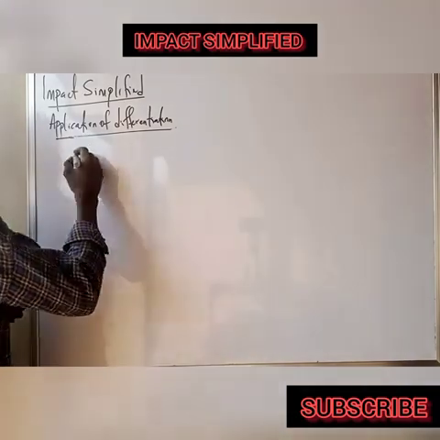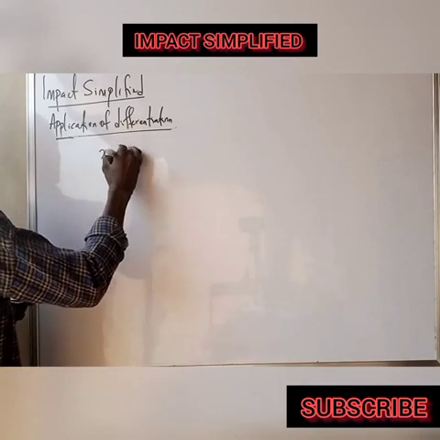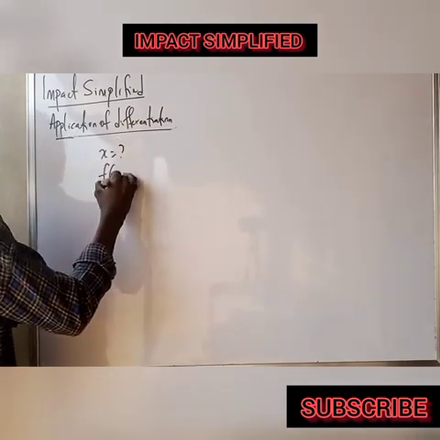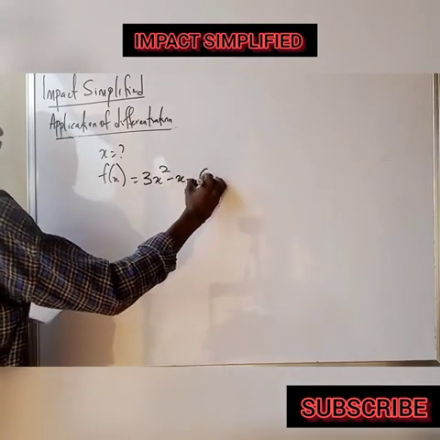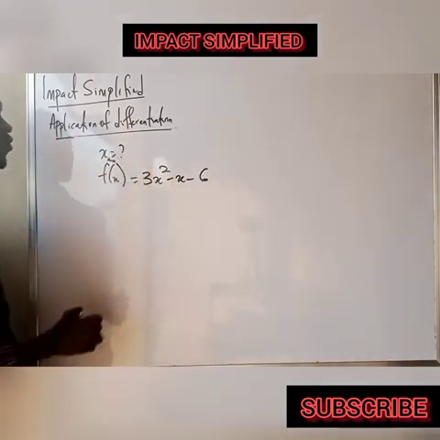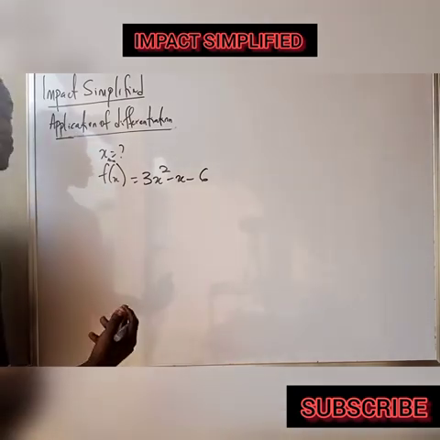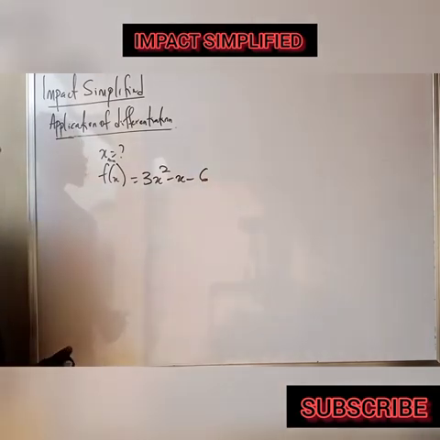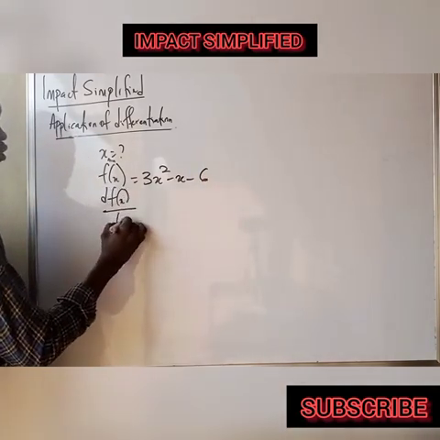Now let's look at this. They say find the value of x for which the function is minimum. So they say find the value of x for which the function is minimum. That means we are looking for the minimum value of x. So what is the step? You differentiate f of x over dx.